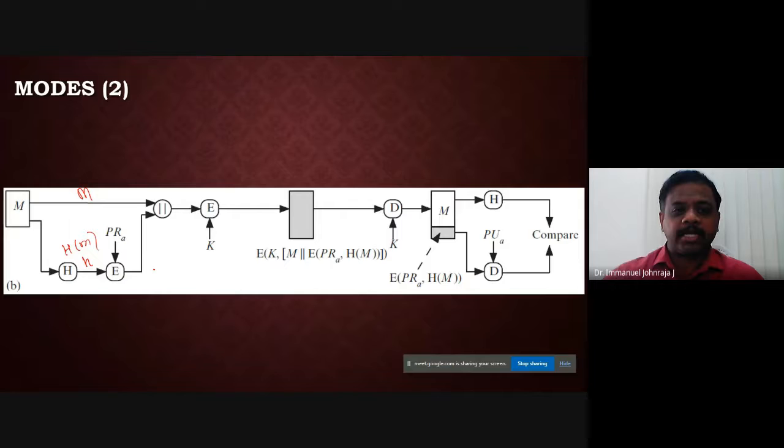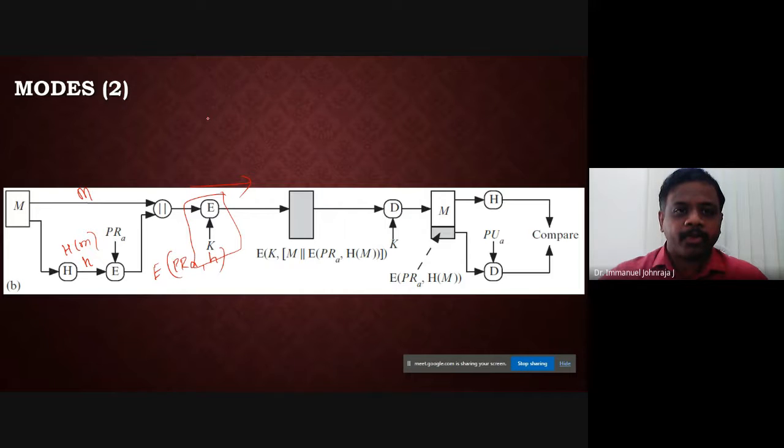That is encrypted using the private key of A. Now in the earlier case, they were appended and sent. But here it is encrypted and then sent using a symmetric algorithm, or shared key, secret key algorithms.